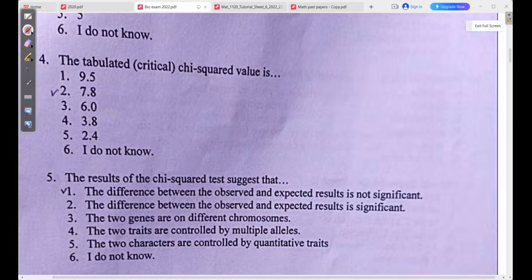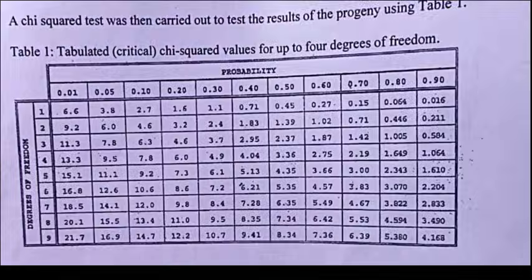So that's how you handle problems relating to chi-square. So go ahead and find a chi-square problem and try to follow all these procedures that we have followed here. Then you're going to answer those questions.